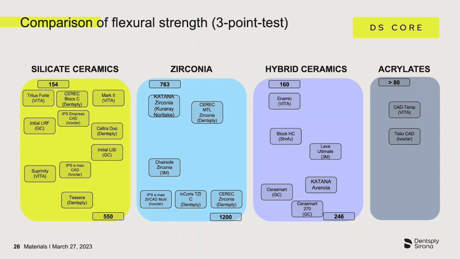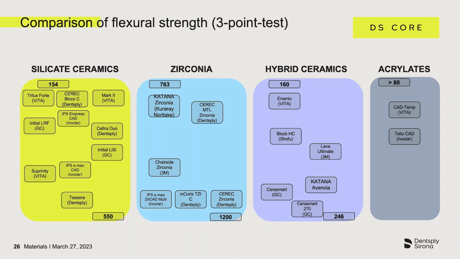The Celtra Duo material from Dentsply Sirona is a zirconium reinforced glass ceramic and has a flexural strength of 210 megapascals in the polished state in the 3-point test. After glaze firing, this value increases to 370 megapascals in the 3-point bending test.